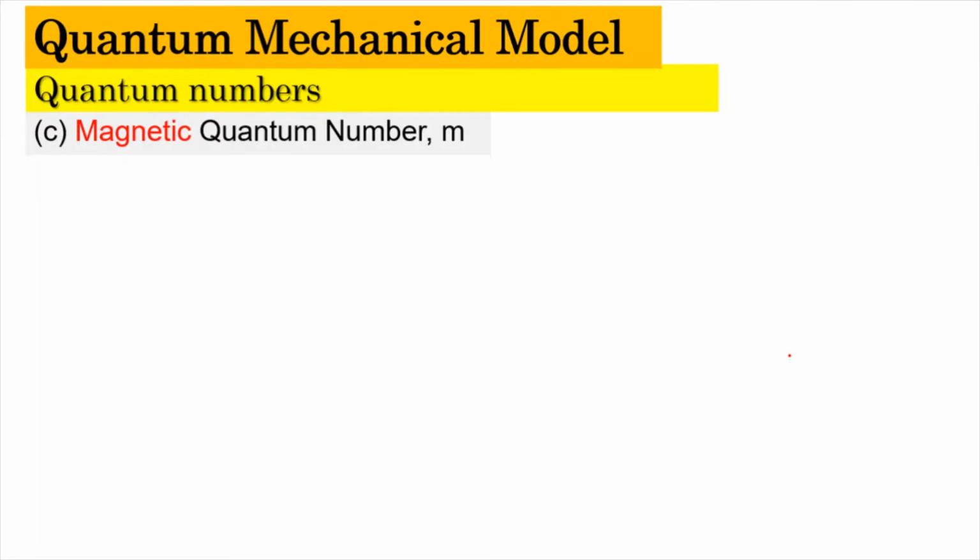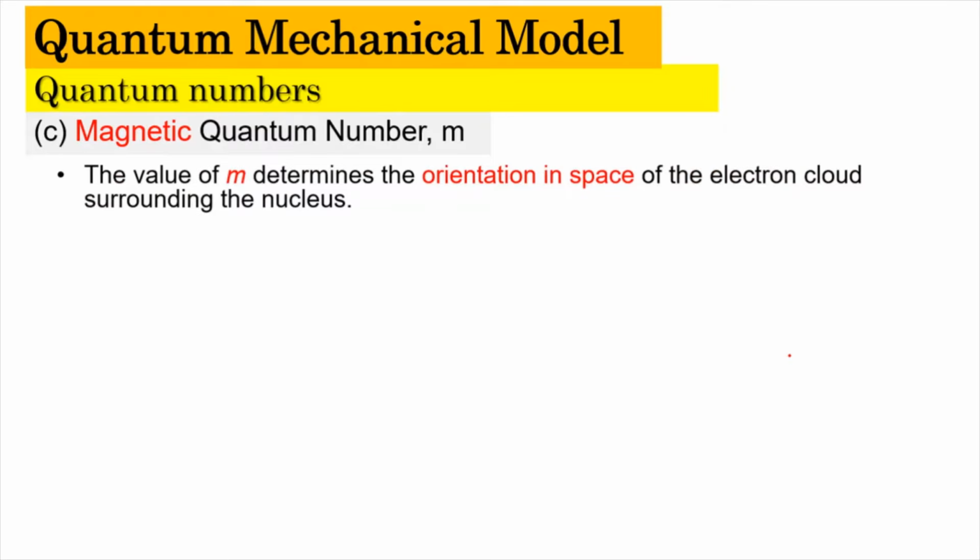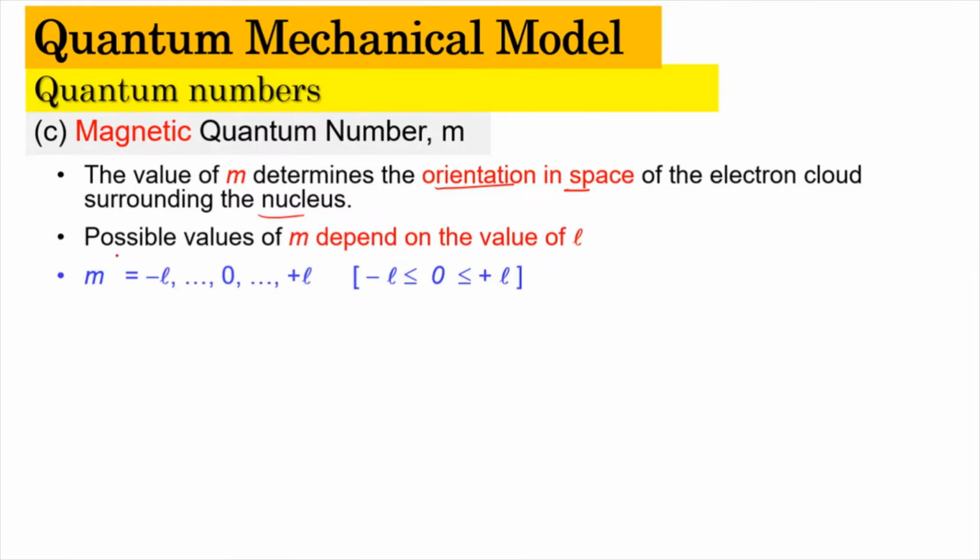Now for the magnetic quantum number m. The magnetic quantum number will determine the orientation in space of the electron cloud surrounding the nucleus. So the possible values of m will depend on the value of L. Okay, so m here will equal negative L up to 0, and then it goes to plus L here.